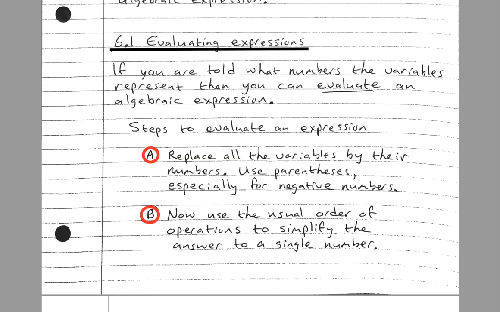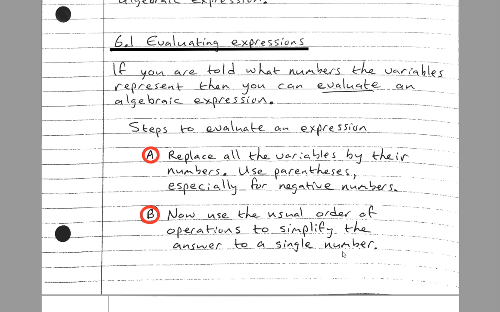So first step, substitute. Second step, okay, now you just have numbers, and now use the usual order of operations to simplify your answer. So you should be getting a single number. So the whole expression, once you've substituted, you should just be able to get it down to a single number, and that's the answer.